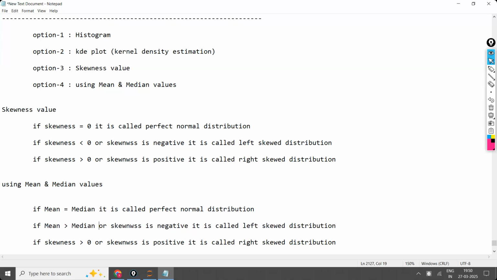Sorry, mean value is less than median, not greater than median. Mean is less than median, it is called left skewed. If mean is greater than median, it is called right skewed.